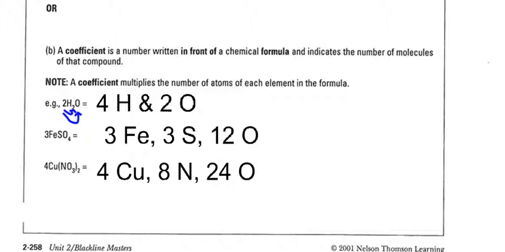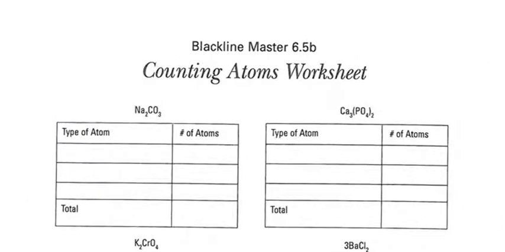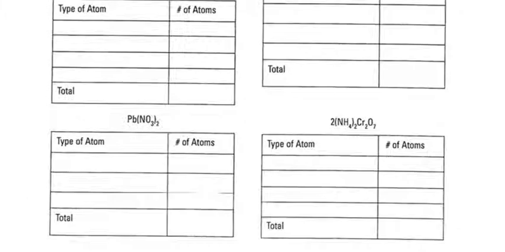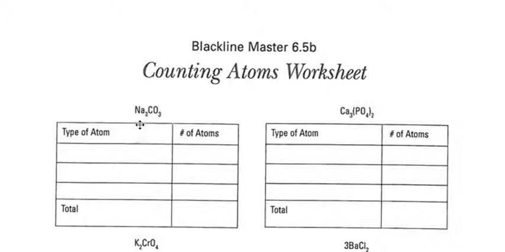Okay, so on the next side here, what you do is the counting atoms worksheet. So for example, here you can use the element symbol or write out the name, it doesn't matter, but we have Na here, of course, and if you look here, we have 2 of them. And then 1 carbon.